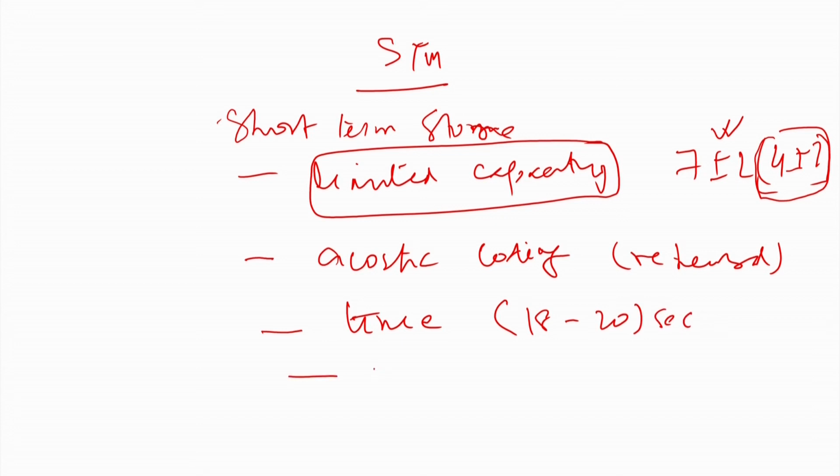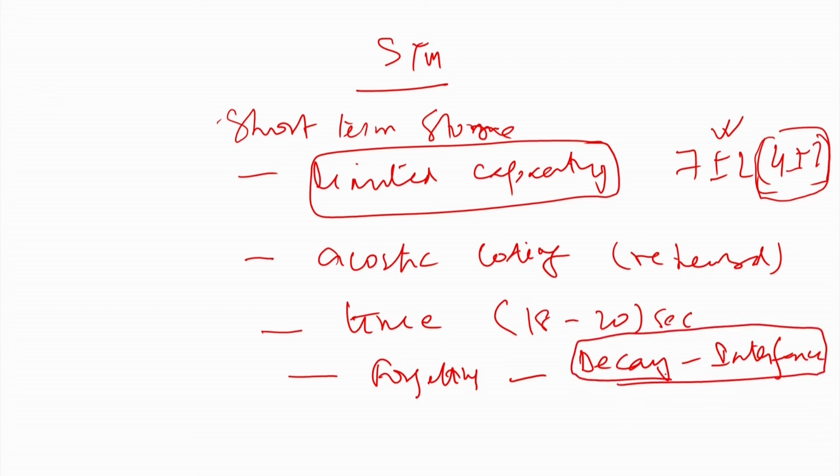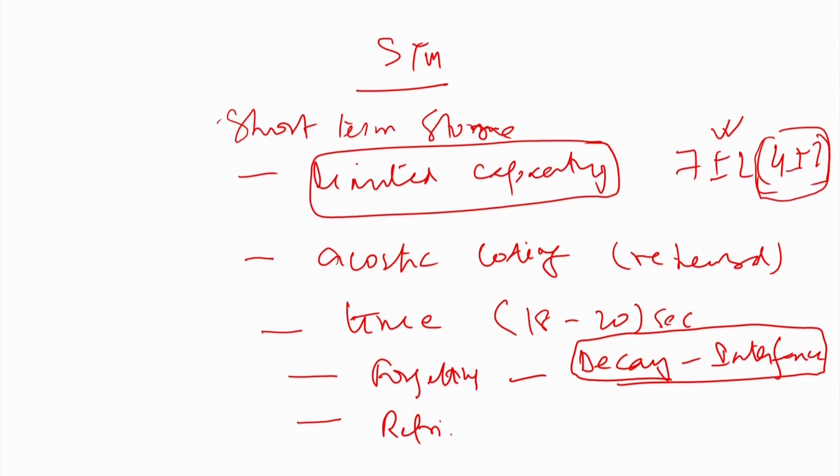Also, forgetting in short-term memory can happen both from decay and from interference. Mostly it is interference, but decay is also a reason, so it is an interplay between decay and interference which lets you lose memories from the short-term store. And the last point to remember is that retrieval from this kind of store is mostly serial exhaustive.